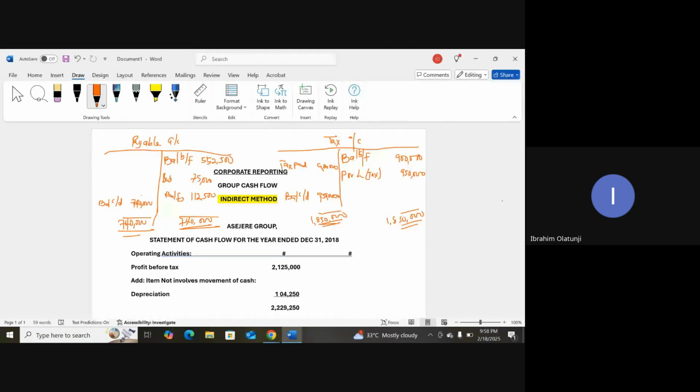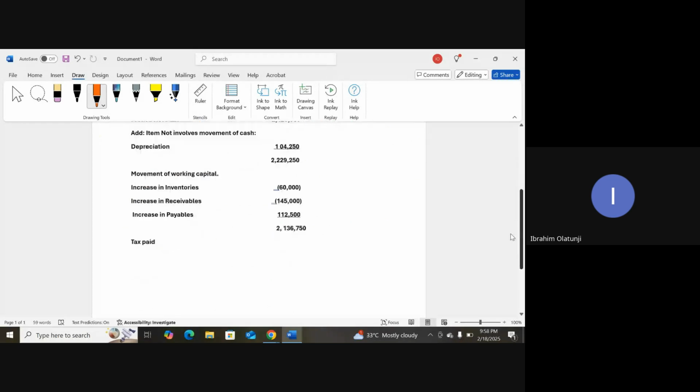Then you now come to your account here and put it there. 900, tax paid. Because you pay the tax, you put it in bracket. Then you subtract it.